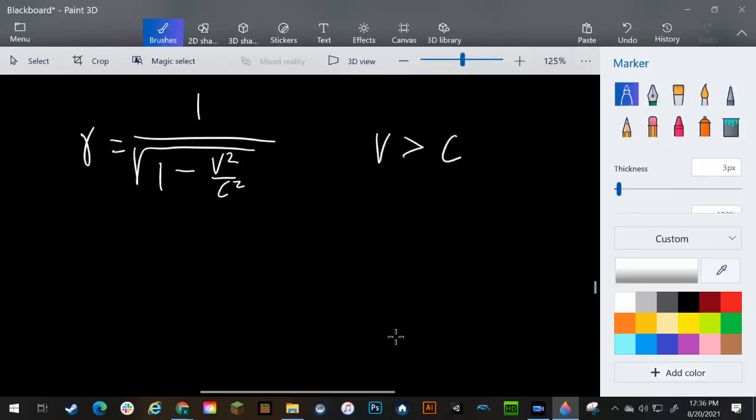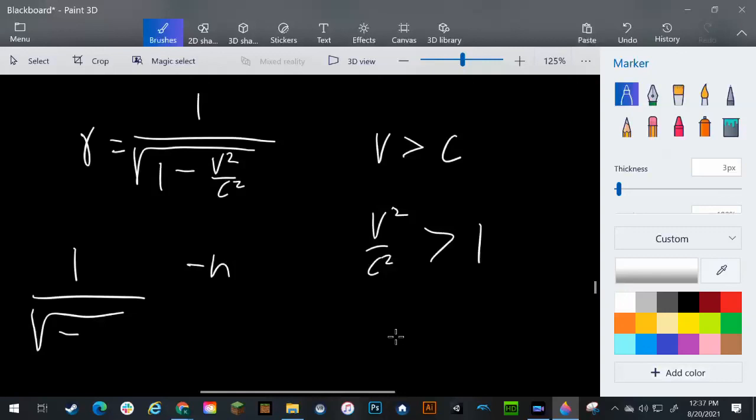Well, what about reference frames greater than the speed of light? What if v is greater than c? Well, if v is greater than c, then v squared over c squared is greater than 1. So we're going to have 1 minus something greater than 1. That's going to be a negative number. We'll call it negative n. If I have 1 over the square root of negative n, that's going to be 1 over i times the square root of n.